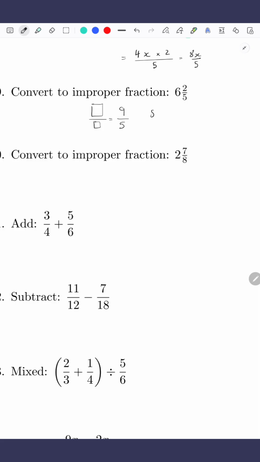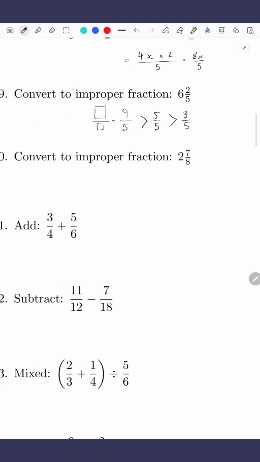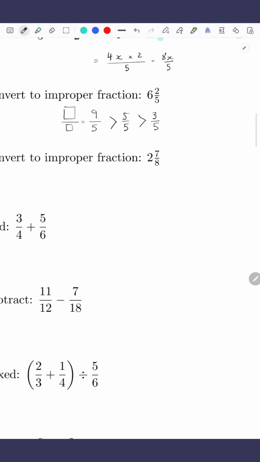So if I had 5 over 5, as we saw previously, that's equal to 1 because it's the same thing over itself. And then fractions that are less than 1 are smaller on top. Okay, so this one is smaller than 1, and this one is bigger than 1. So that's what an improper fraction is. All right, improper usually has different connotations, but it just means that it's bigger on top.